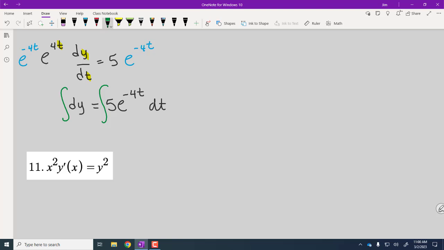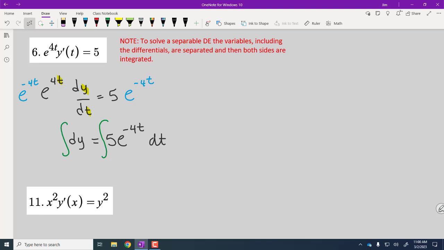On the left side, you're integrating dy, and that's just y. And over here, we integrate this exponential, and we know that the integral of an exponential is itself. That's why it's such an important function. It integrates and differentiates to itself.